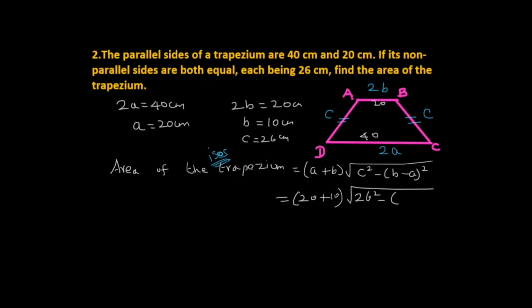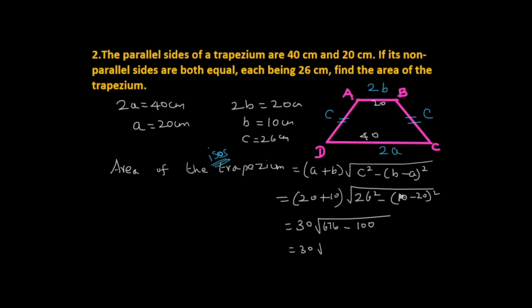So b minus a or a minus b, because of the square we can take both, that is 20 minus 10. Then 30 times the square root of 26 squared, 676, minus (20 minus 10) the whole square, 100.